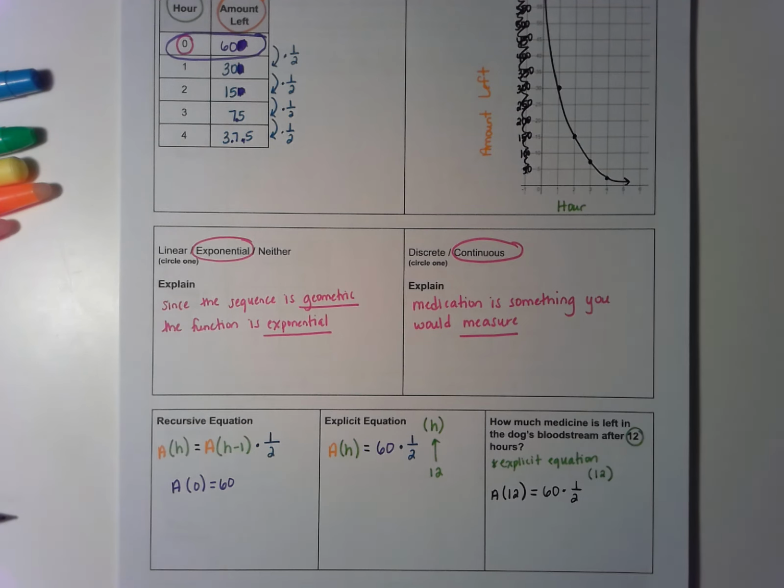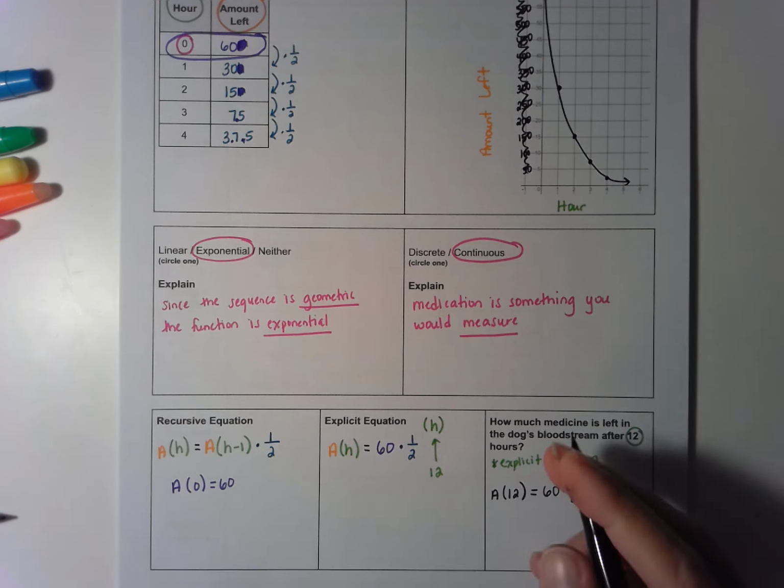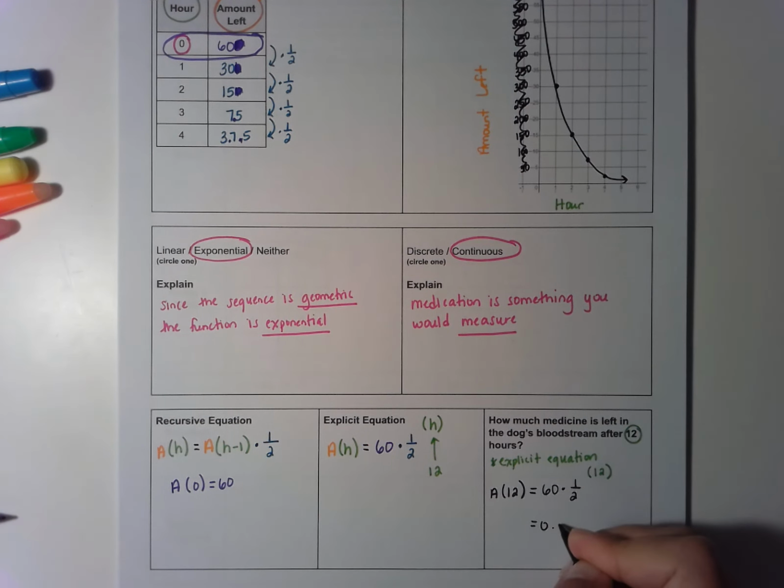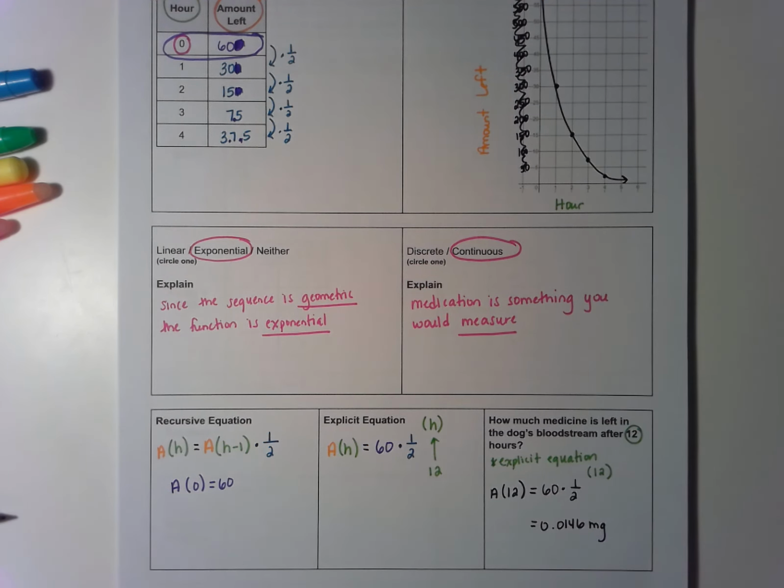So 60 times 1/2 to the 12th power is going to give me 0.0146. And this is going to be milligrams, which we usually abbreviate mg, of medicine.